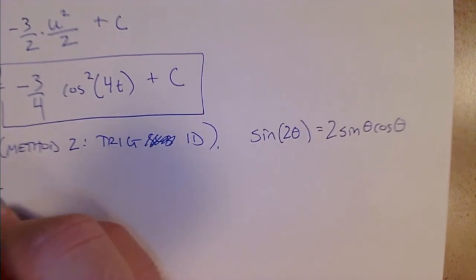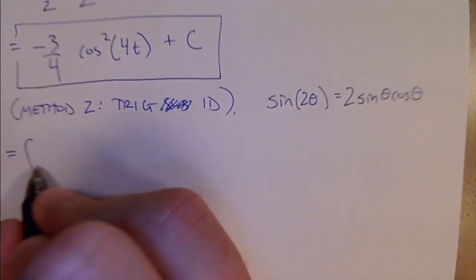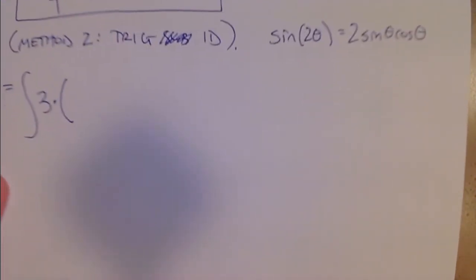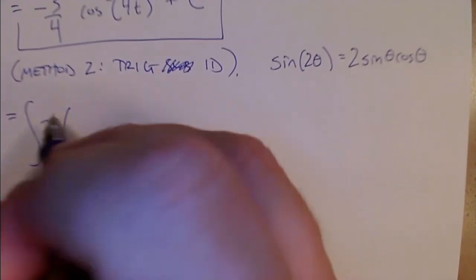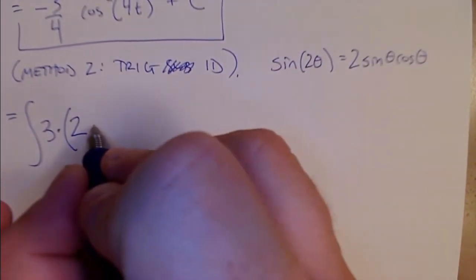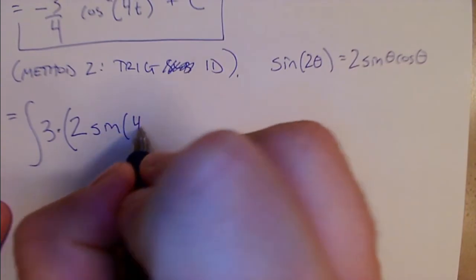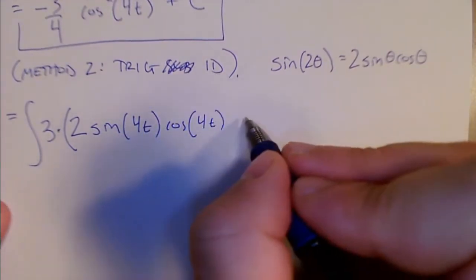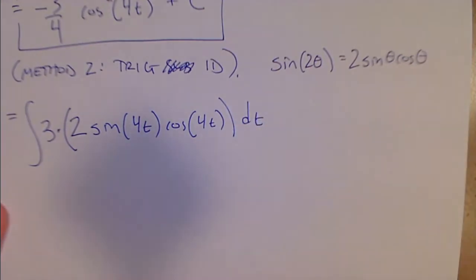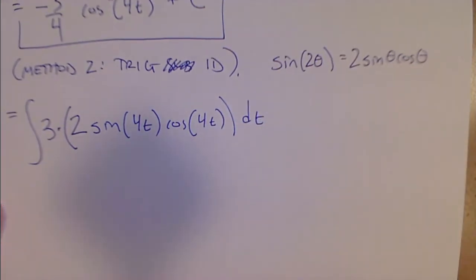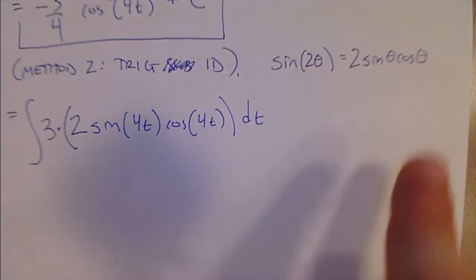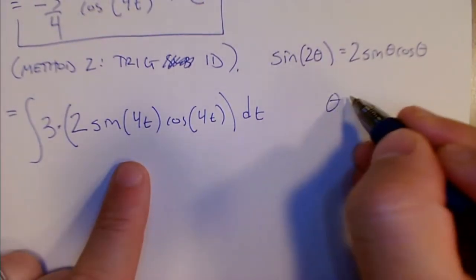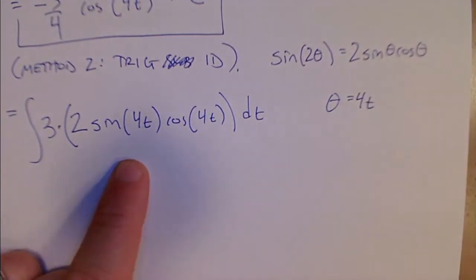So I'm going to write the integral as 3 times, remember we want that 2 out there, 2 sine of 4t cosine of 4t with respect to t. All right? Now, I need to make these match, and so therefore theta is 4t.